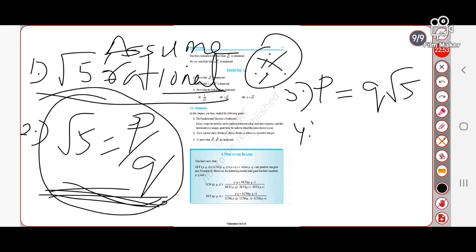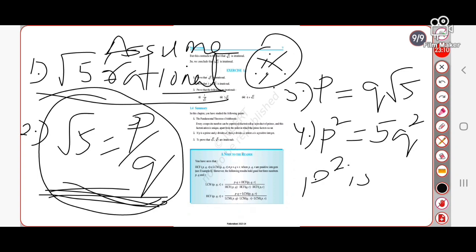Now our fourth step will be squaring both sides, so we get p square equal to 5q square. So p square is divisible by 5.